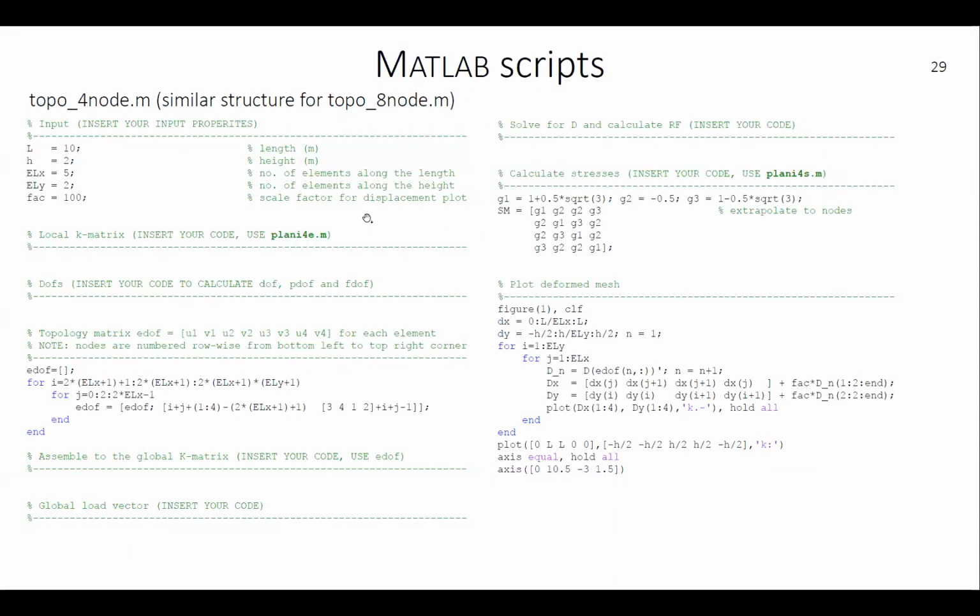So this is the example for the 4 noded elements. You input the length, the height, number of elements along the length of the beam and along the height of the beam. And this is just a plot factor to scale the displacements of the final plot. So you can start using this script, and then here you will add your specific code for calculating the K-matrix.